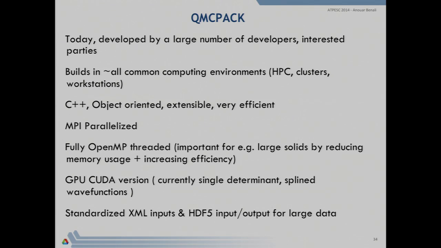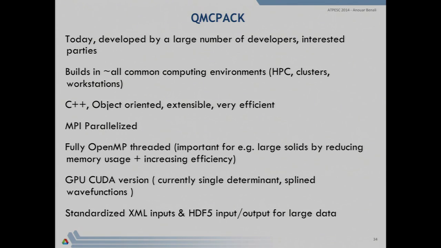As I said, the important part for our trial wave function is to start from something generated from a lower level of theory like DFT, and then we correct it with this Jastrow function. That means we need to grab the output from another code. So having XML input and HDF5, are you familiar with HDF5?